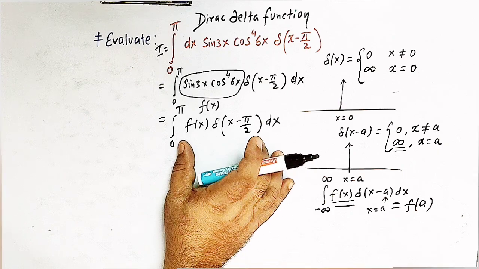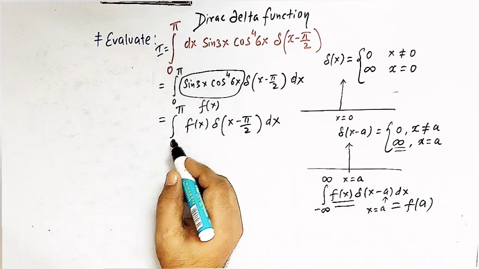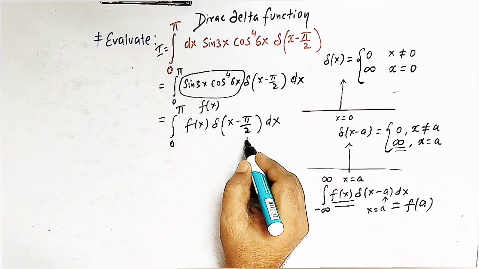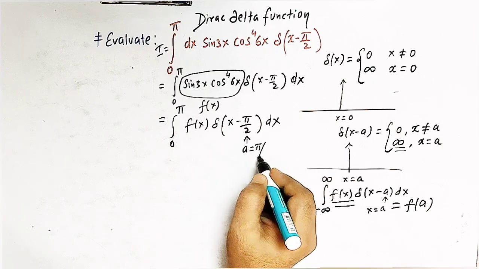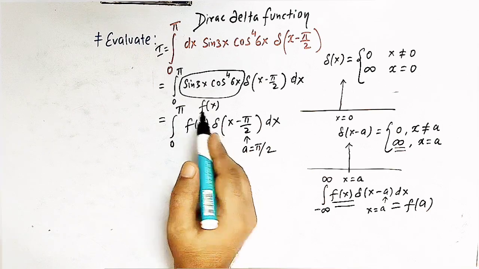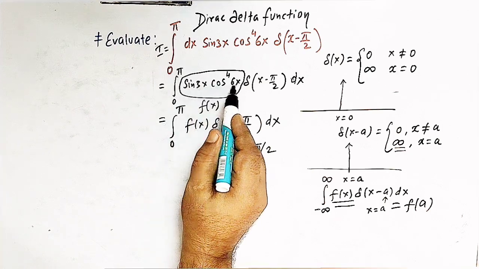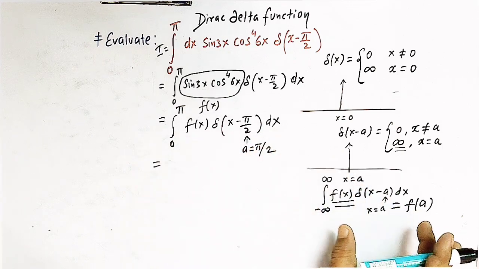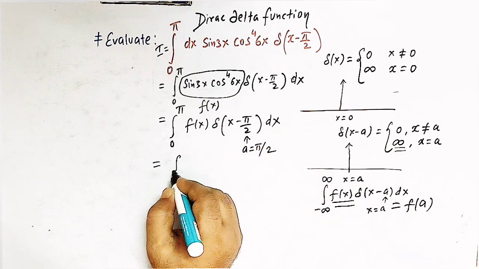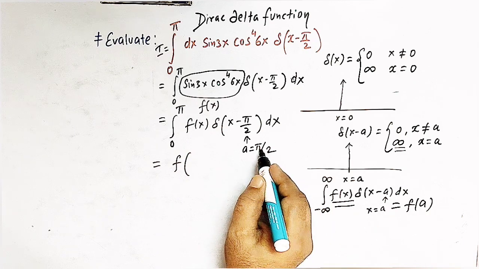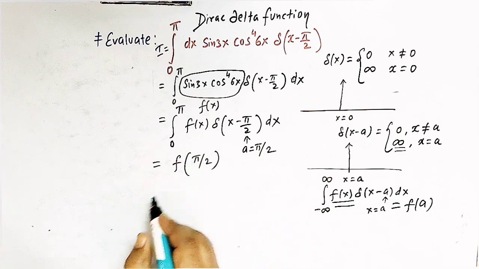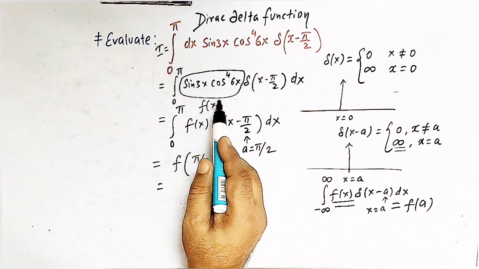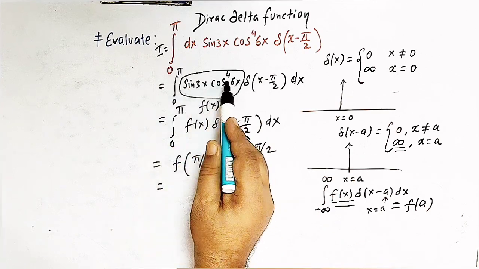So if we compare this integral with this one, then we can see that the bounds are 0 and pi, and the value of a is equal to pi by 2, and f of x is sine 3x cos 6x raised to 4. So using this property, we have f of a, and a is pi by 2. So we have f of pi by 2, and our function f of x is sine 3x cos 6x raised to 4.